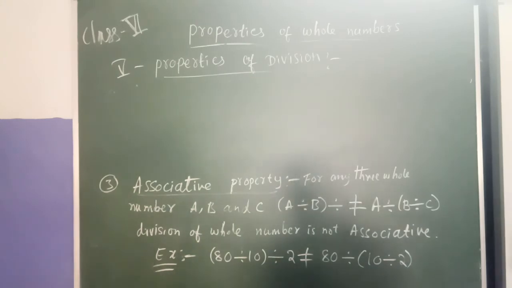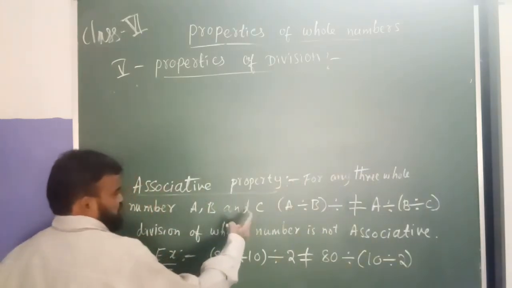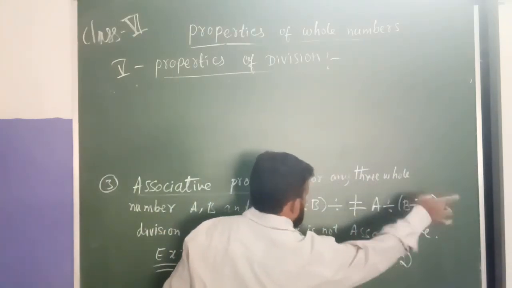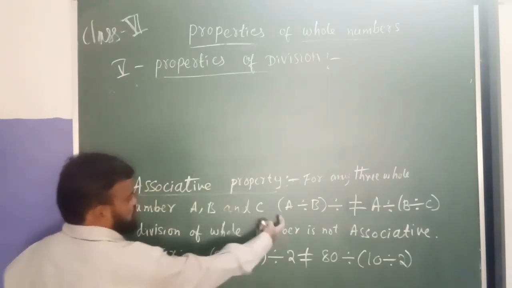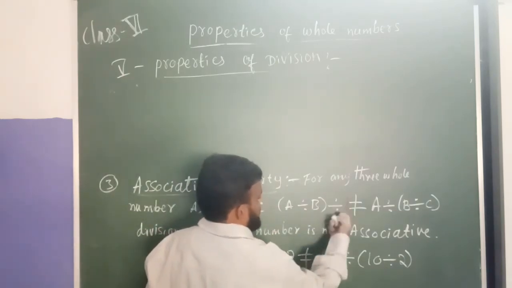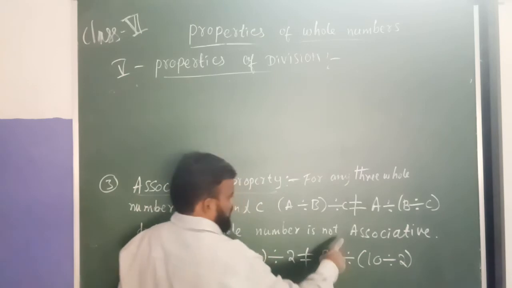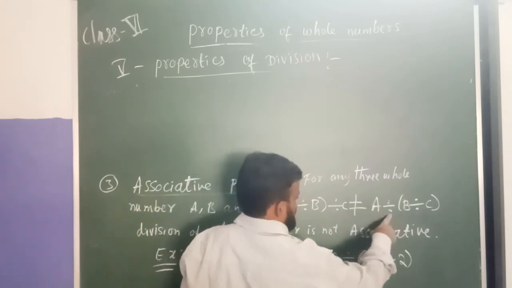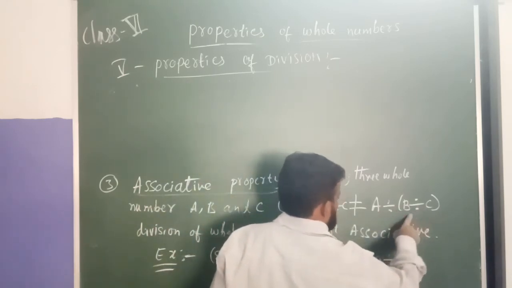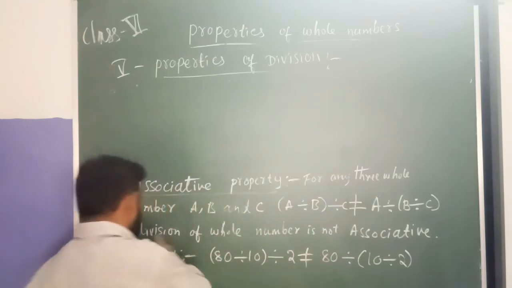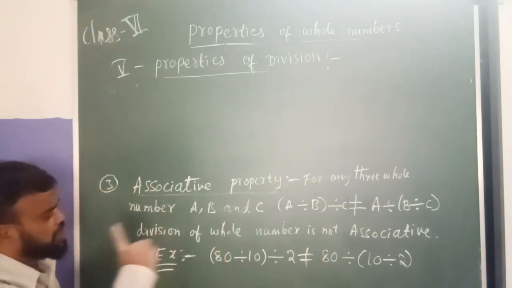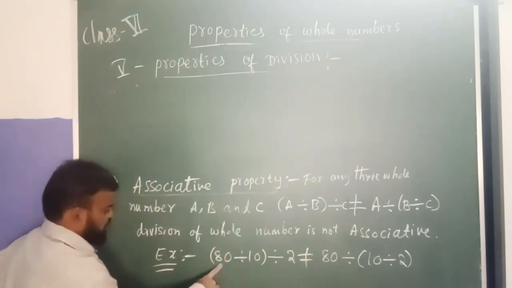Now the third property, the associative property. For any three whole numbers A, B and C, (A divided by B) divided by C is not equal to A divided by (B divided by C). So division of whole numbers is not associative. I have given the example.